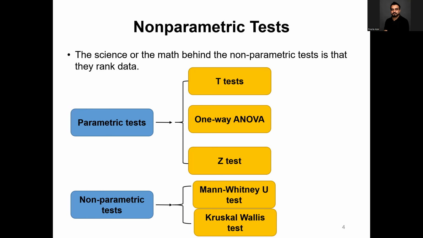If any of those assumptions was not met, then we have to choose a non-parametric test, which includes Mann-Whitney U-test, Kruskal-Wallis test, Wilcoxon signed rank test, Friedman's ANOVA, and etc.